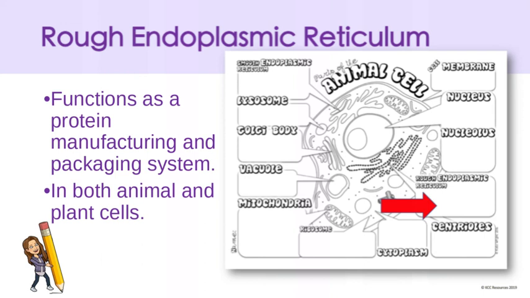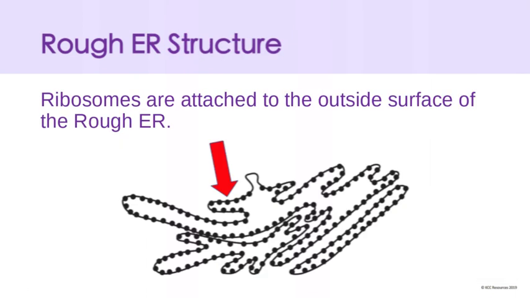So the rough ER structure gets its name because it has ribosomes attached to the outside surface, making it rough as opposed to smooth. So there is a smooth endoplasmic reticulum that's not going to have ribosomes, but the rough gets its name because of the ribosomes that cover its outside.